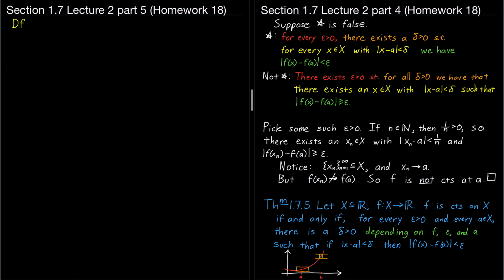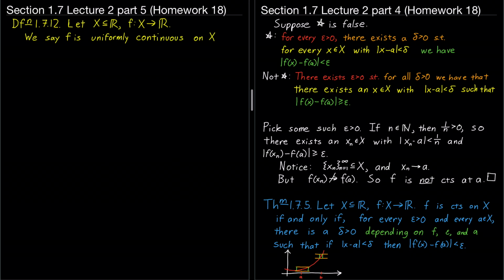So the next definition I want to put up, this is definition 1.7.12. And as usual, we have a domain and a function from that domain into the real numbers. And then we say f is uniformly continuous on X. You don't get to be uniformly continuous at a point.